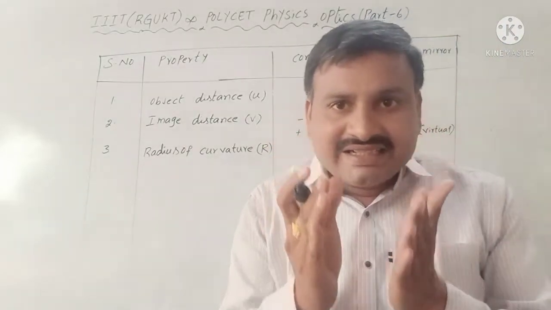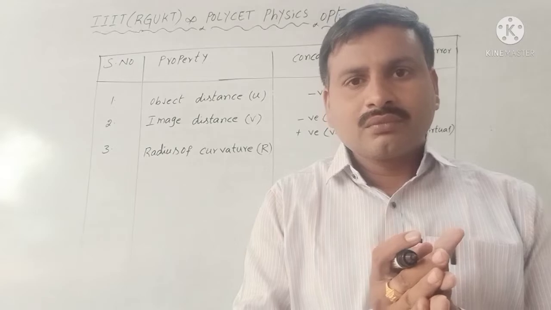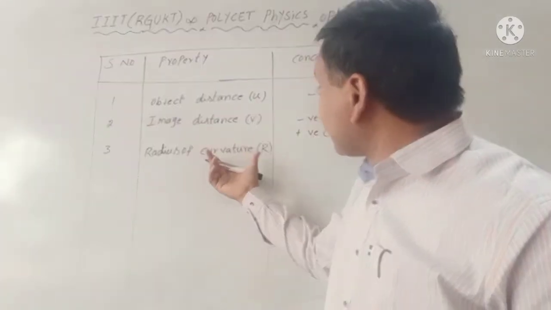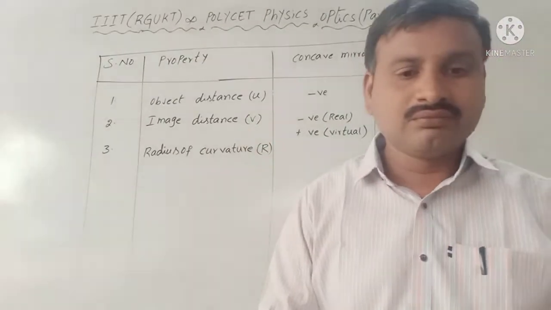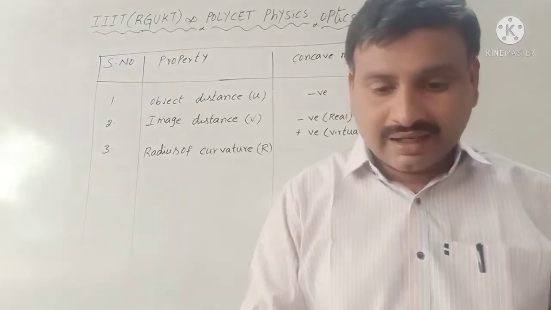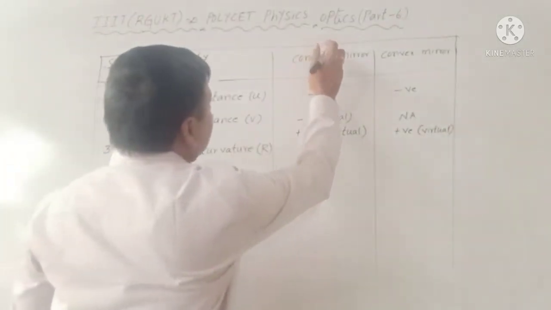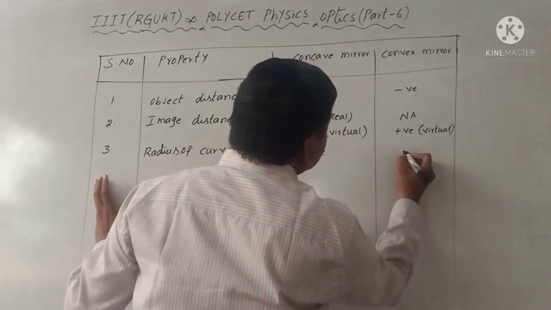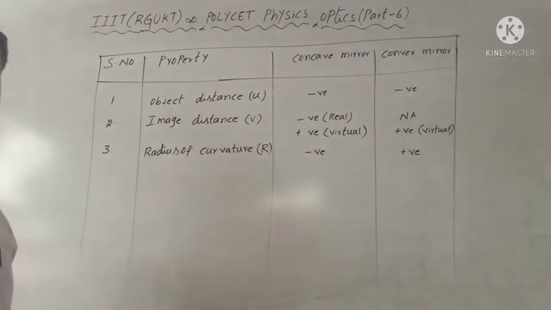The distance from the pole to the center of curvature is called the radius of curvature. It is denoted by the letter R. So the radius of curvature for the concave mirror is always taken negative. This one is taken positive. Convex mirror is taken positive.